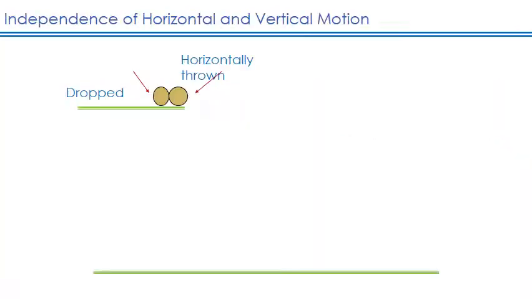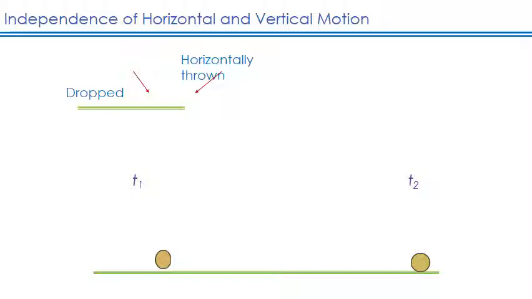To understand this, we do this experiment. A ball has been dropped from a certain height. It takes some time, let's call it time t1. And now the other ball is thrown horizontally with a certain velocity in the horizontal direction. So it takes time t2. But the vertical distance traveled by the two balls is exactly the same.